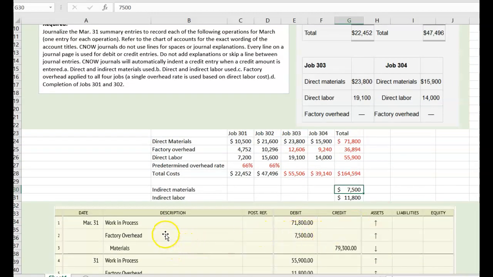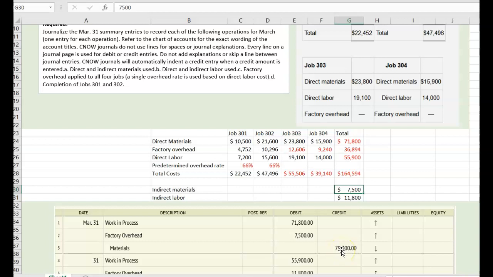Okay, so let's focus on the first entry. The first entry relates to materials. 71.8 goes into work in process relating to the jobs for the month. There's our 71.8. Factory overhead relates to the 7.5 of indirect materials. Remember that indirect materials get charged to overhead. So we are crediting materials.